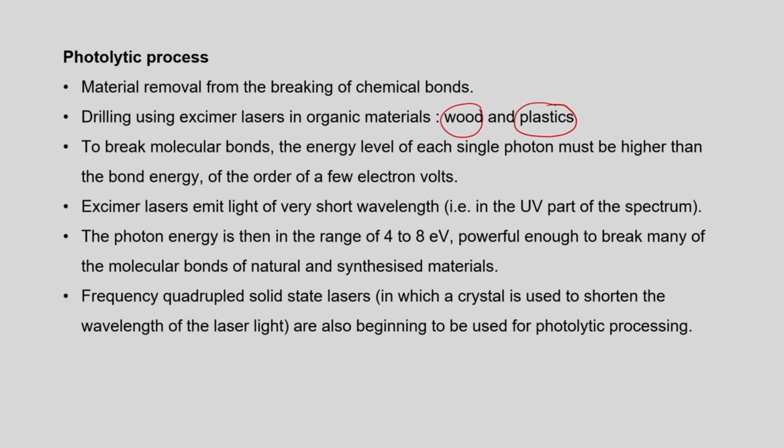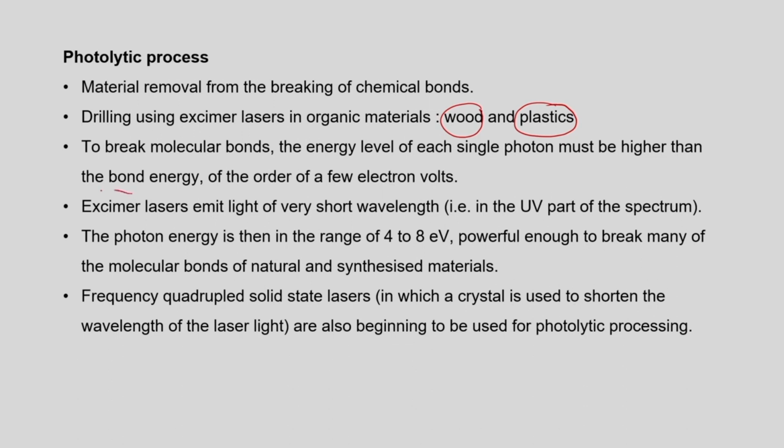Here no melting occurs. The chemical bond between the molecules is broken by the laser beam. To break that molecular bond, the energy of a single photon must be higher than the bond energy, which is in general of the order of a few electron volts.